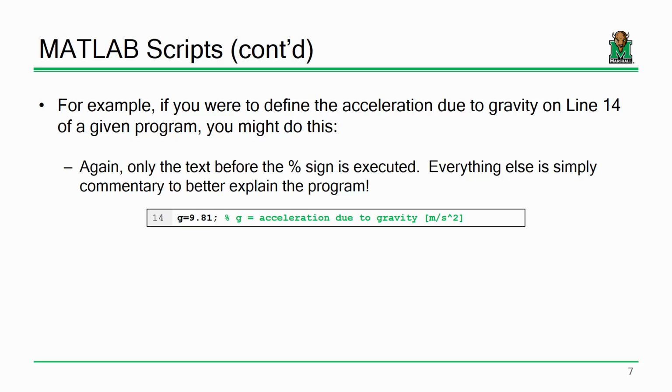It's only there for the benefit of the people who are looking at the script later on. And it's in green to give you the additional indication that it's a comment. And you can see that this comment has both the definition of g and also the units there.